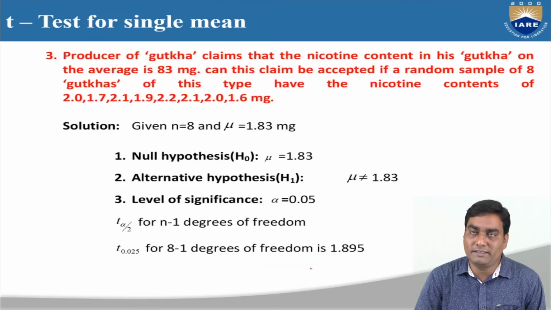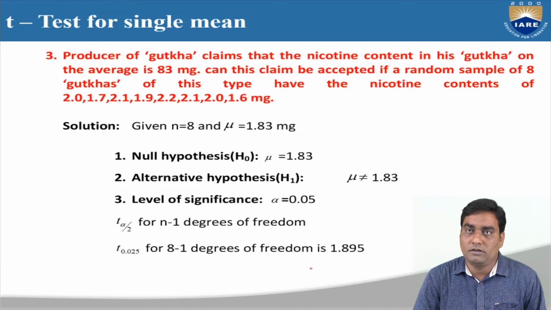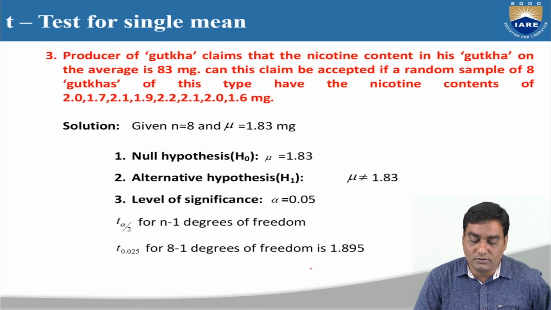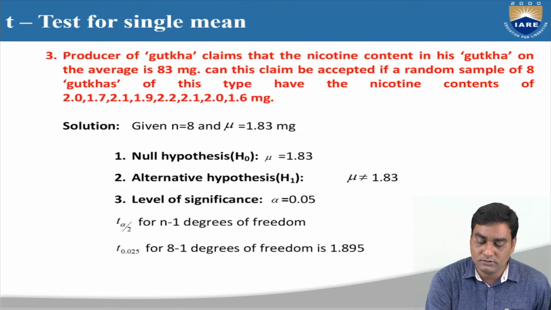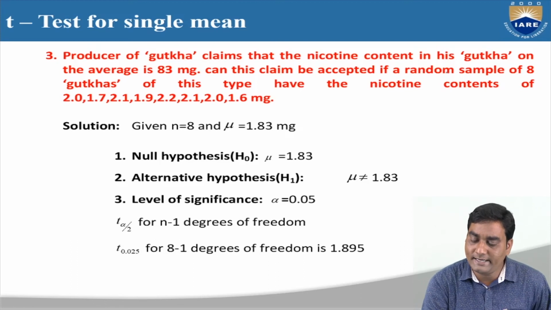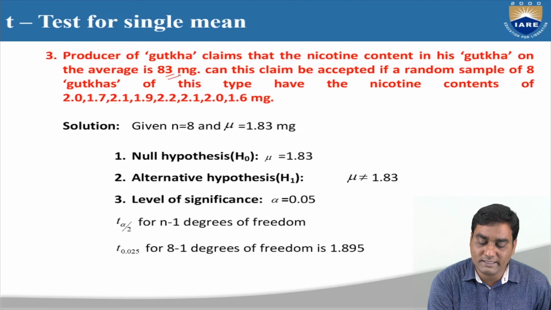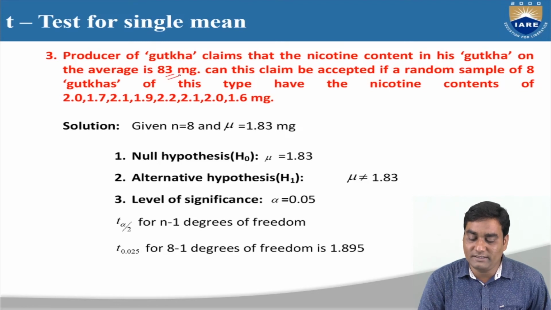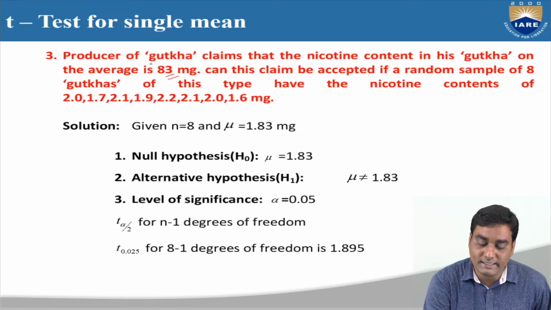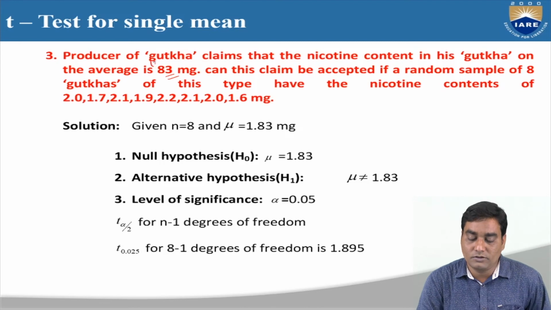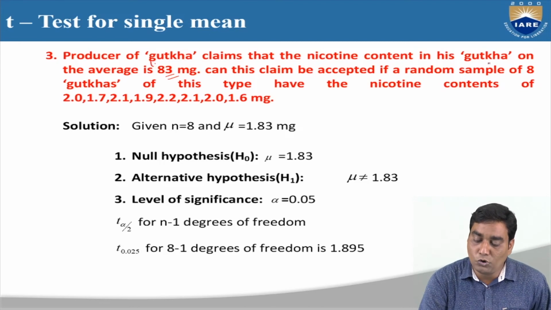Going to problem number 3. A producer of Gutka claims that the nicotine content in his Gutka on the average is 1.83 mg. That means the total average of nicotine content in the Gutka is 1.83.